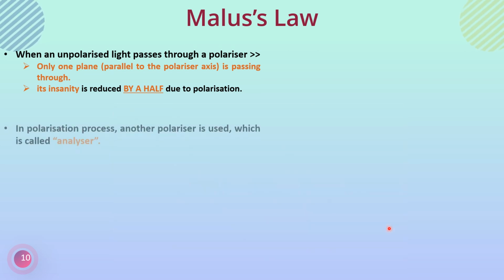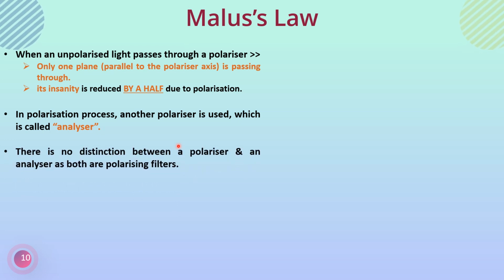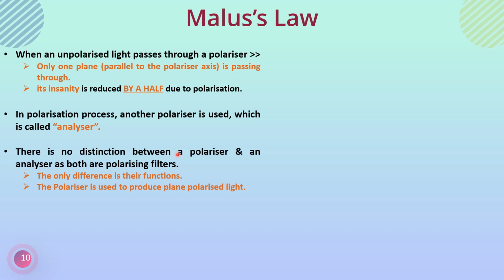Okay, nice. What else do we have? In this process, we use another polarizer, and we call it the analyzer. So we have a polarizer and we have an analyzer. What is the difference between them? Well, there's no difference. Both of them are the same. They are all polarizing filters. But the function of each is different. The function of the polarizer is to produce polarized light, say vertically polarized light or horizontally polarized light or whatever angle you choose.